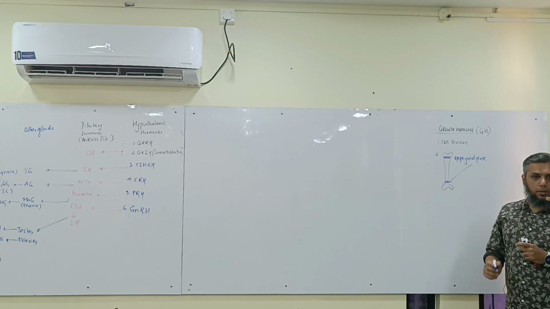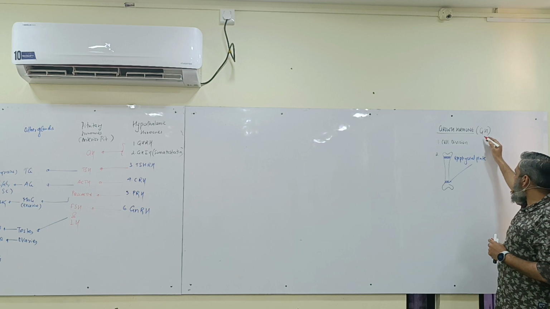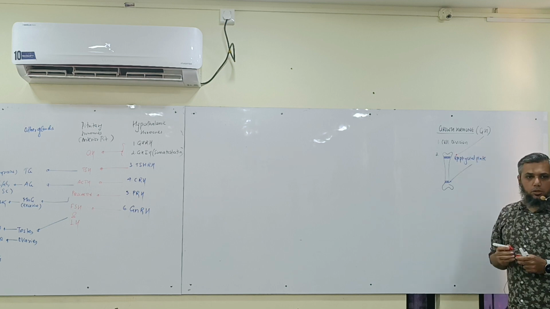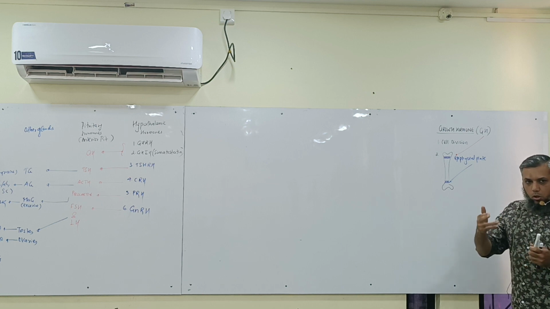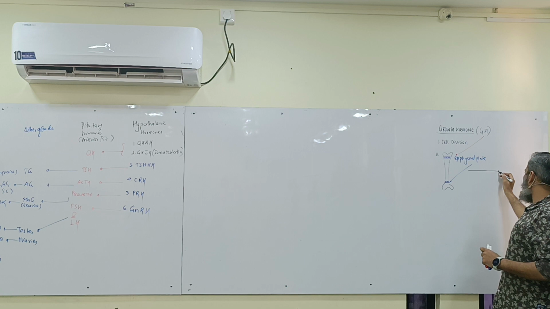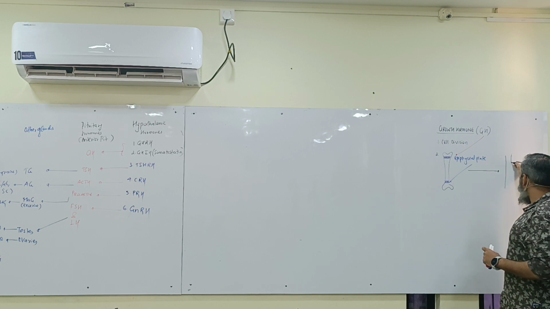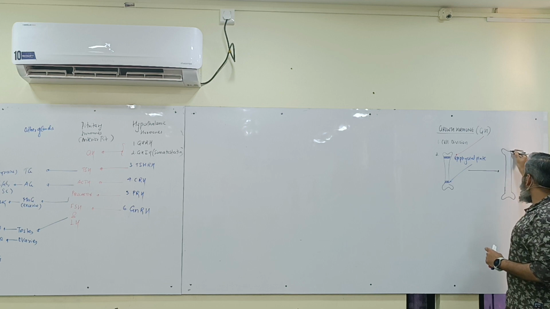Now, the growth hormone GH acts on the epiphyseal cartilage and will cause the cell division of the cartilage, as a result of which the length of the bone will increase.